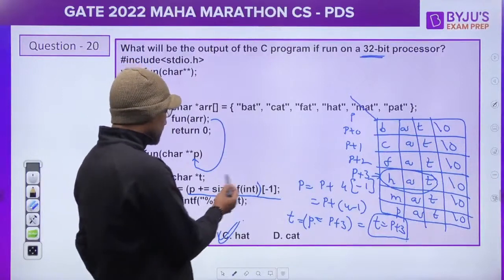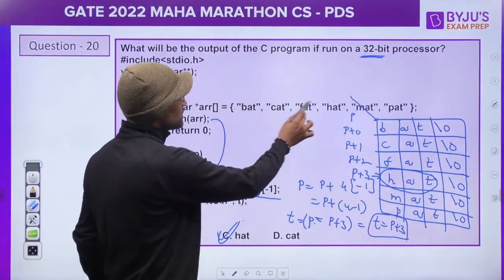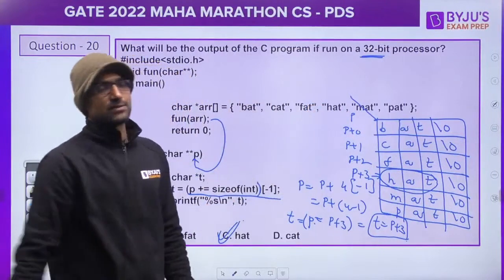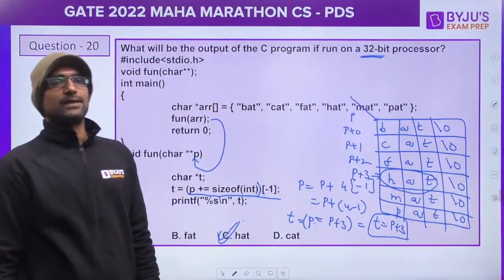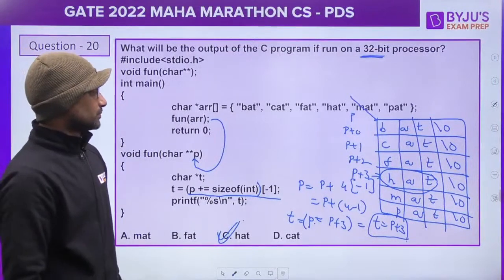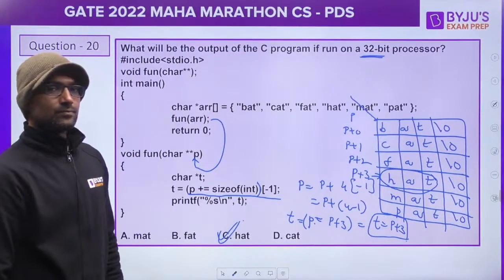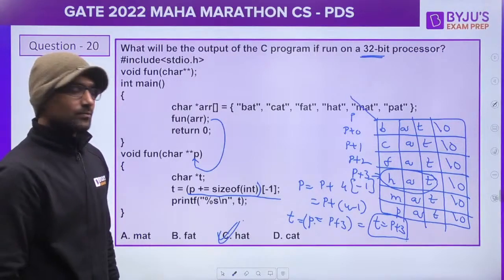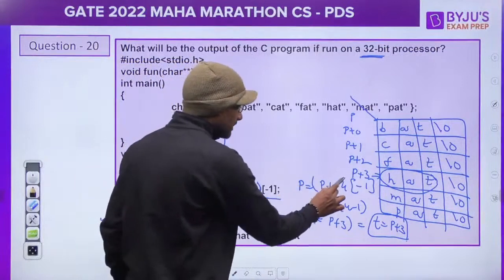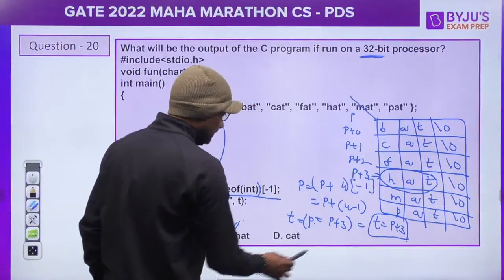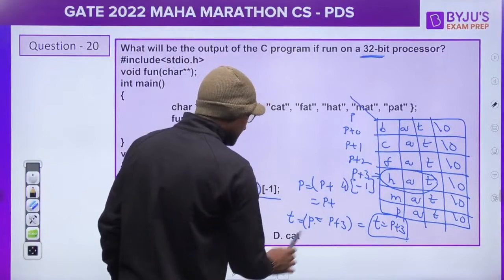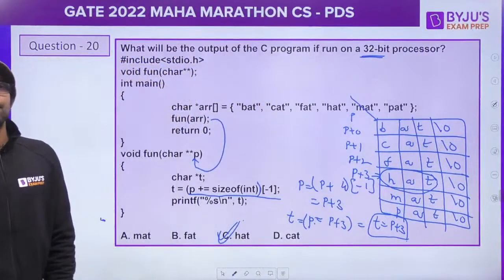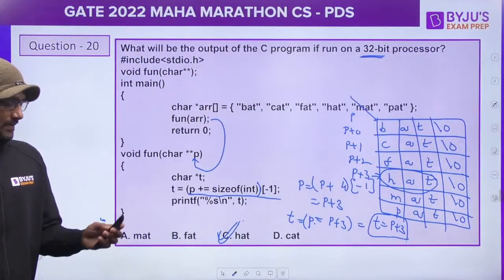Okay. P plus 4 minus 1. Still it is p plus 3 only. It is p plus 4 minus 1. Still it is p plus 3 only. Okay. Next.